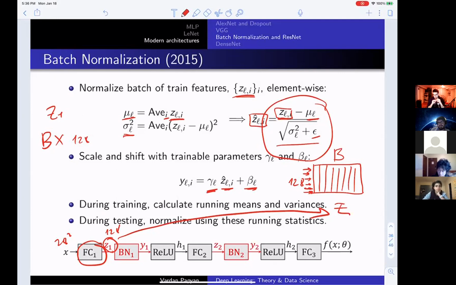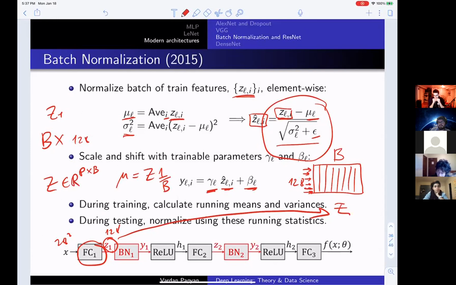Or is the description clear, first of all? I can write it mathematically as z is in R^(P times B), where B is the batch. The mean is just going to be equal to z multiplied by a ones vector divided by B. So that's, for example, the mean.